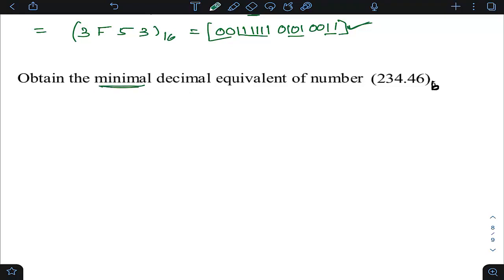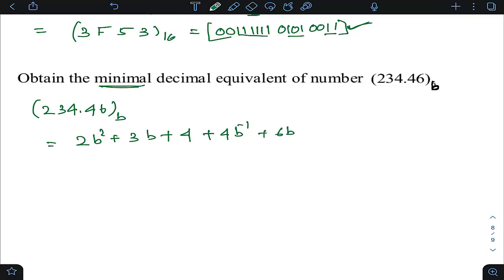So I have a number 234.46 whose base is B. If this is in arbitrary base B, to get its decimal equivalent, you'll again be doing the polynomial expansion. So it is 2b square plus 3b plus 4 plus 4b inverse plus 6b power minus 2.